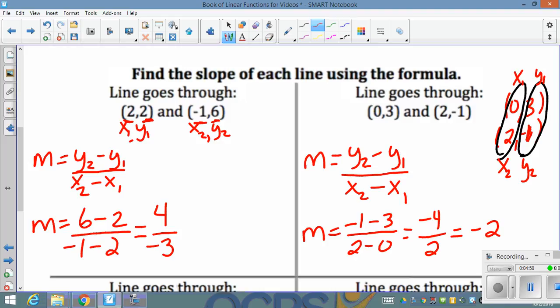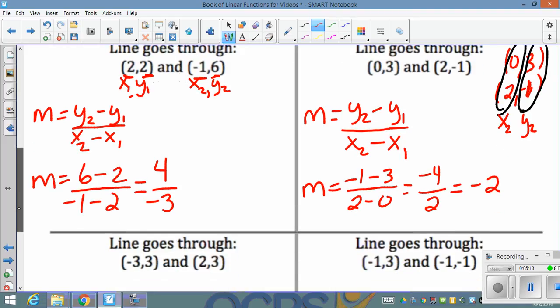The formula just tells us to take out certain values and plug in the given values. So in example 2, I'm taking out x sub 1, plugging in 0. I'm taking out y sub 1, plugging in 3. I'm taking out x sub 2, plugging in 2, and y sub 2, plugging in negative 1.